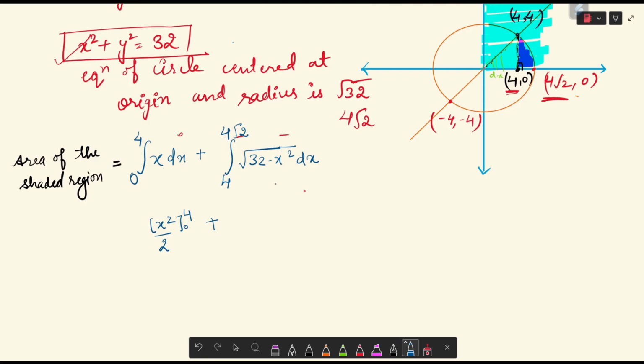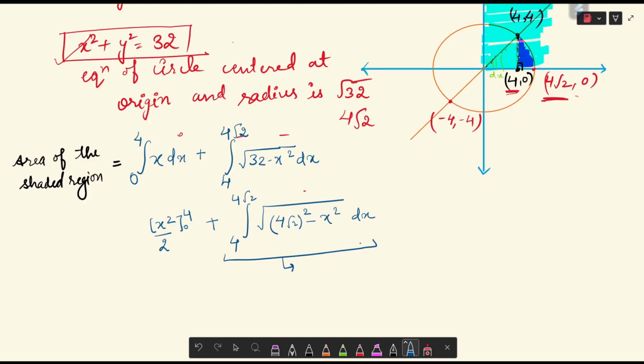So you must have studied in 7th chapter standard form here. Let me write it into standard form. Under root, it's 4 root 2 square minus x square dx. So you know its integration. Let me calculate this one first.